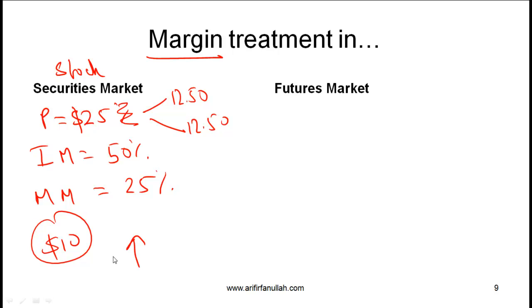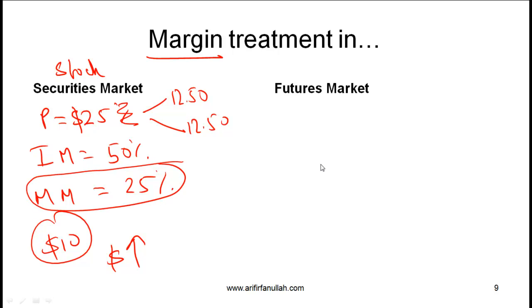The amount of money that you put back into the account brings you back up to the maintenance margin level, so you need to have an equity of at least 25%. So the core point here is when you add money after receiving a margin call, you need to come back up to 25% ownership. Essentially you need to come back up to the maintenance margin.